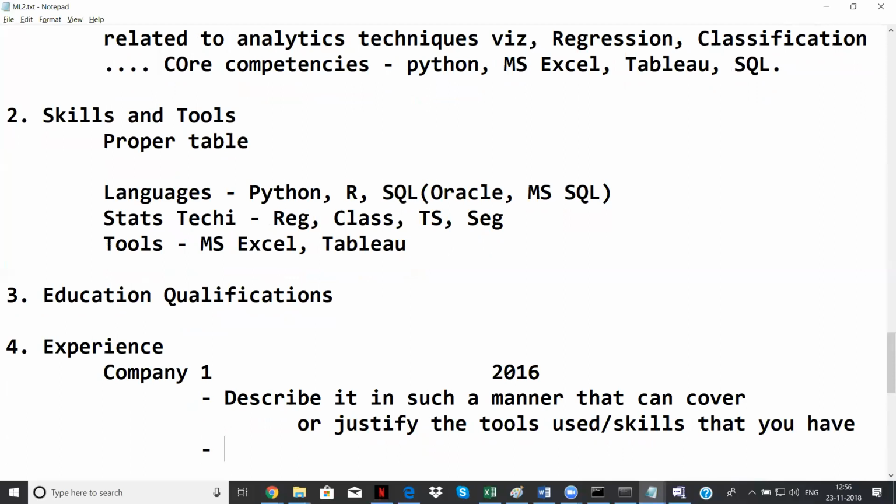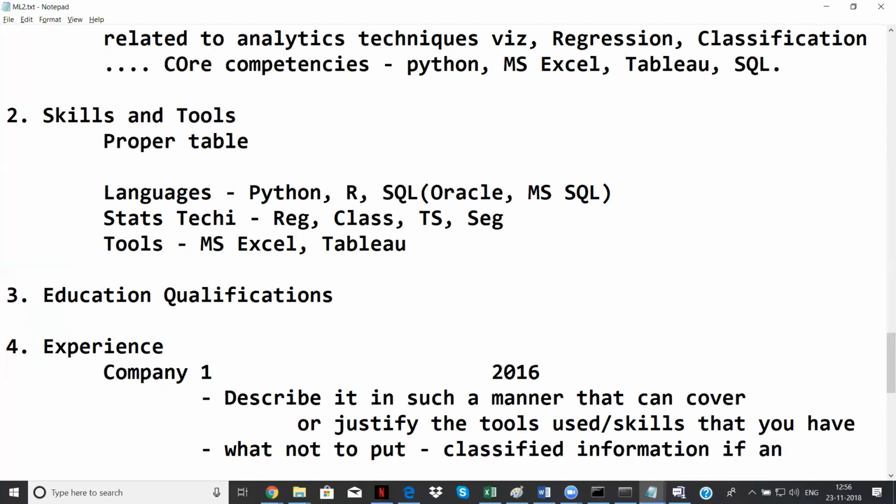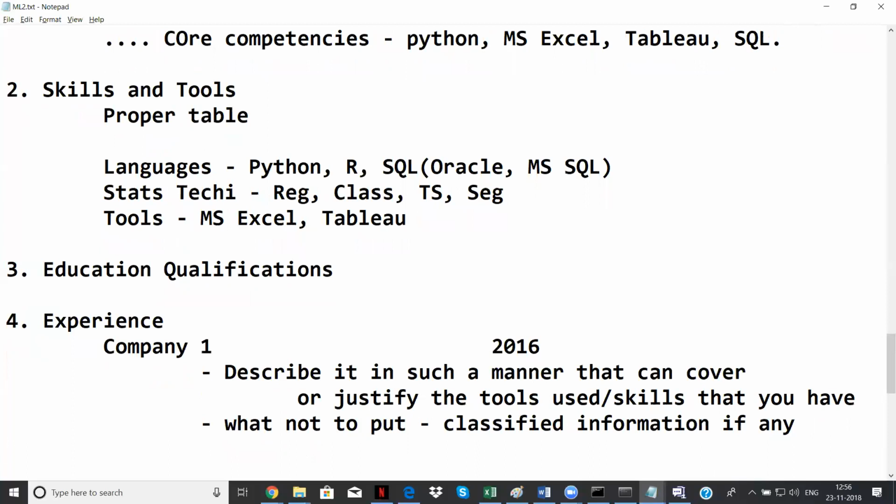Next up, what else should you put in the description? So what not to put? What not to put here is classified information, if any. Let's say you're working with a company, you should not be revealing any kind of confidential information like project or client name, etc. It's a big no-no.